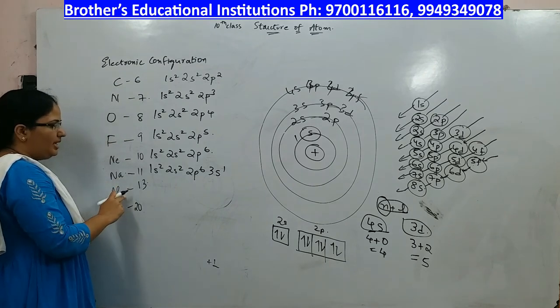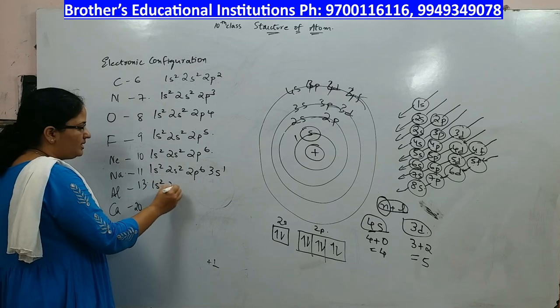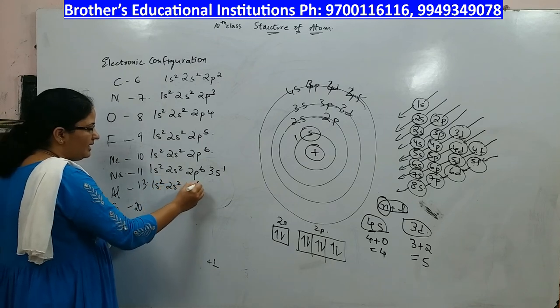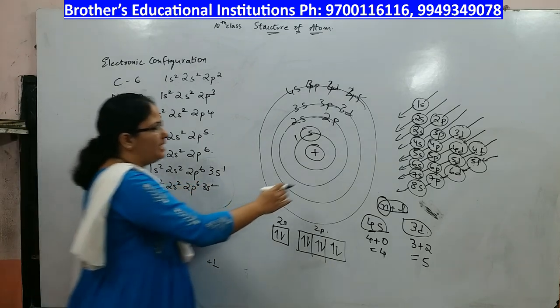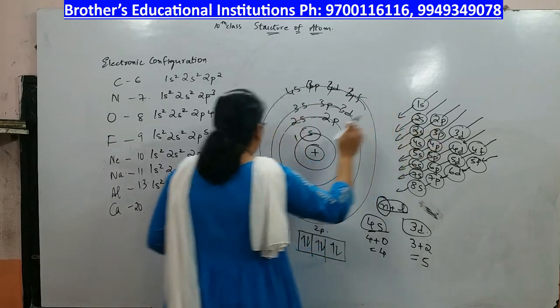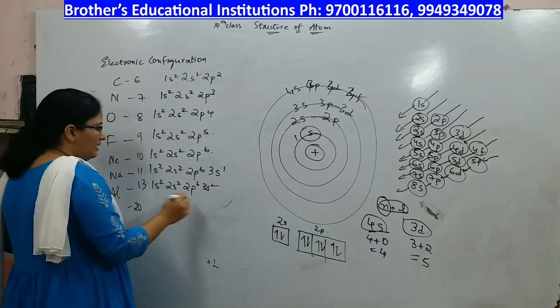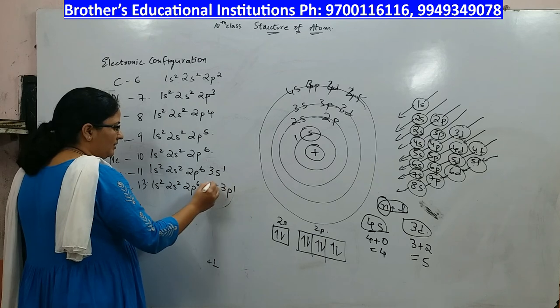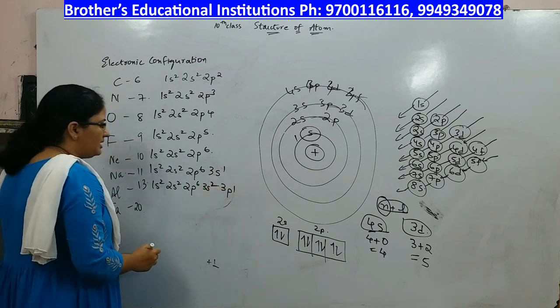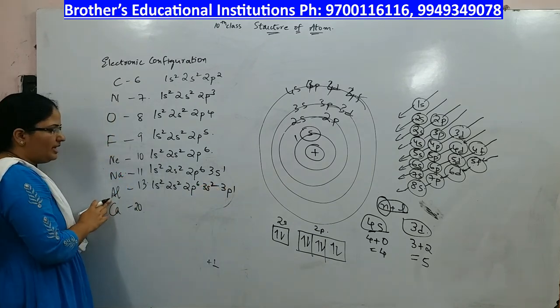Let's see for aluminium. 1s2, 2s2, 2p6, 3s2. After 3s it will go to 3p, so 3s2, 3p1. This is the electronic configuration of aluminium.